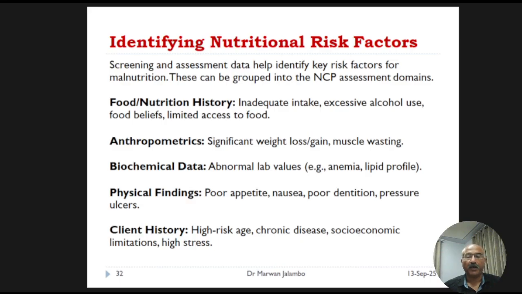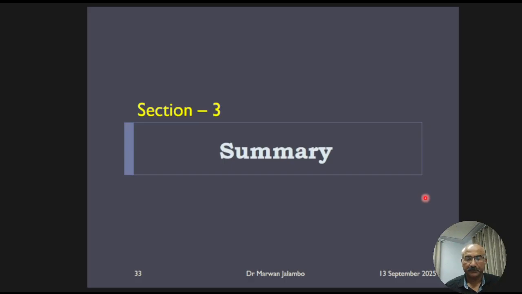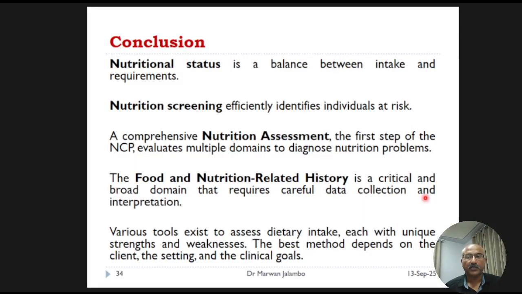So let's wrap up with our key takeaways for today. So, the summary of this lecture: to conclude, let's review the main points. First, remember that nutritional status is a dynamic balance between what a person takes in and what their body uniquely requires.